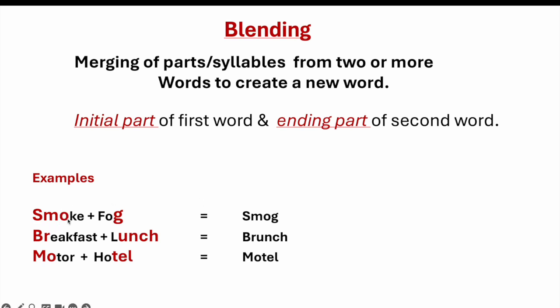For example, smoke plus fog. Here the letters or syllables or parts of word shown in red. Smo, smo. This is the initial part. G sound has been taken from the second word. So smog is a new word. That means the presence of smoke and fog. Breakfast plus lunch.